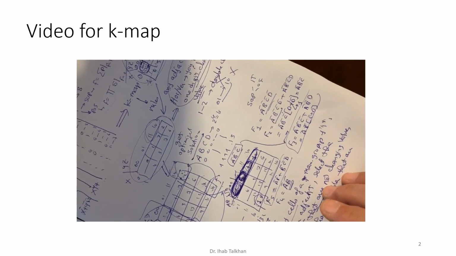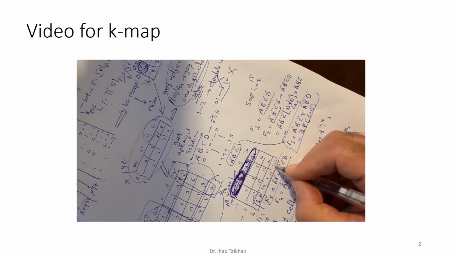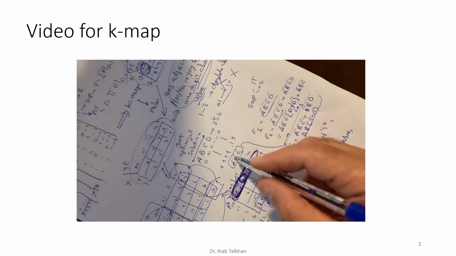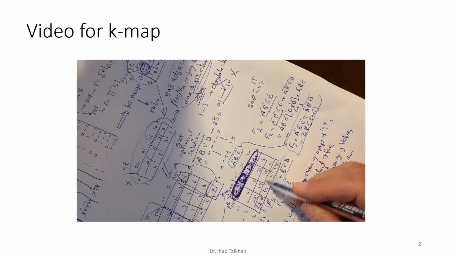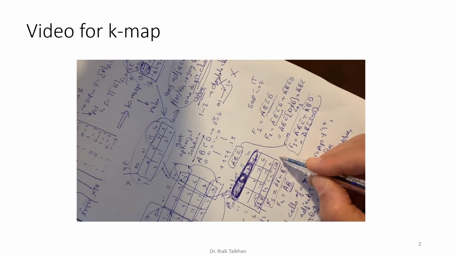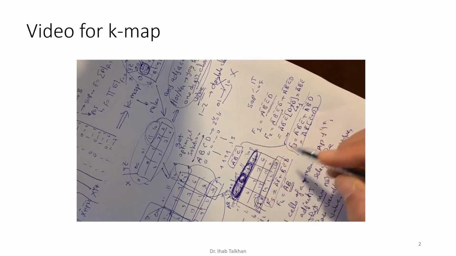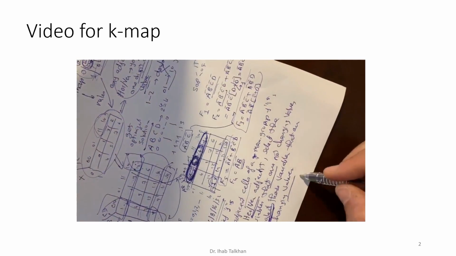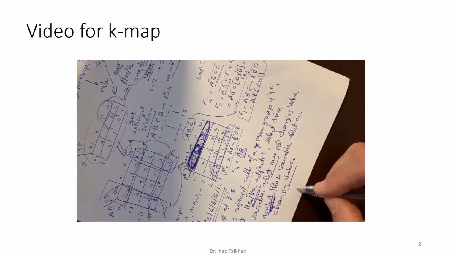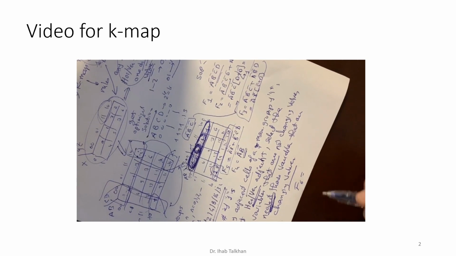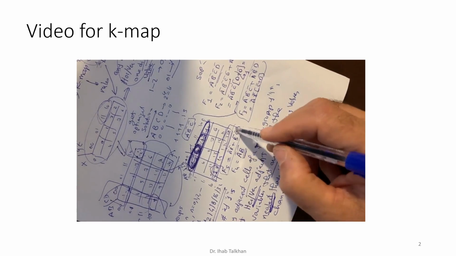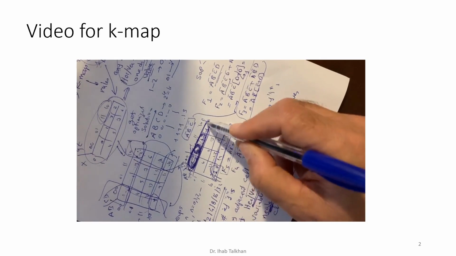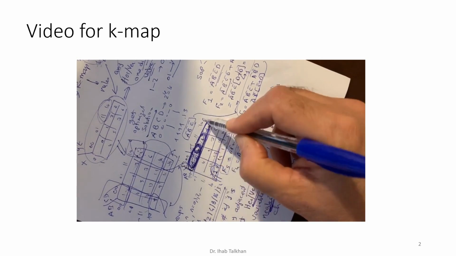Assume for the last one now, I have 4 ones here and 4 ones up. Should I take this as a group of 4, or is it better to take it as a group of 8? So F6 equals what? I need to get F6. If you can see here, these 2 are adjacent, so that's a group of 8.